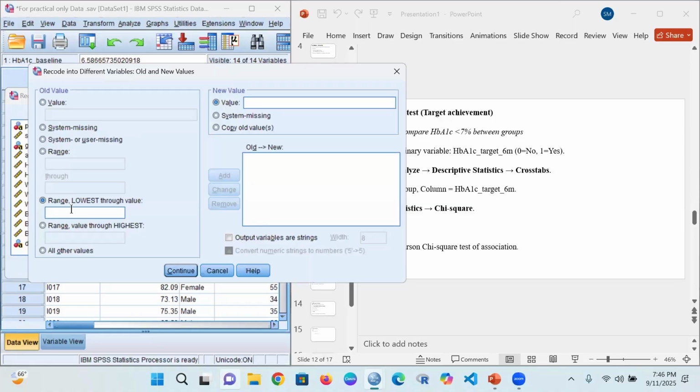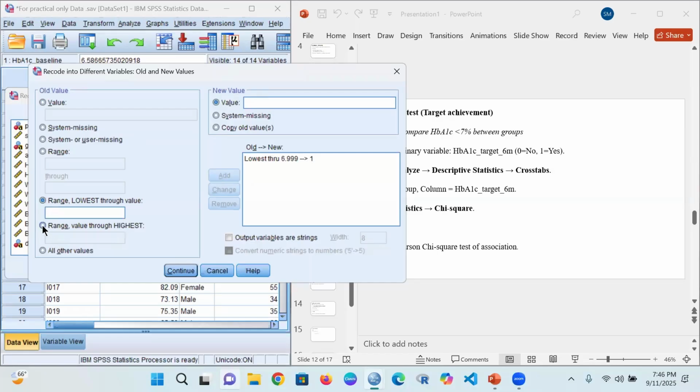So the patient who has achieved the lowest will have, let's say, 6.999. So anyone with 6.99, you come here to new value, will be our 1.